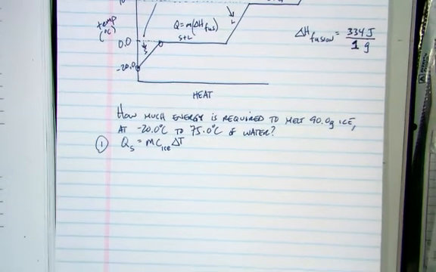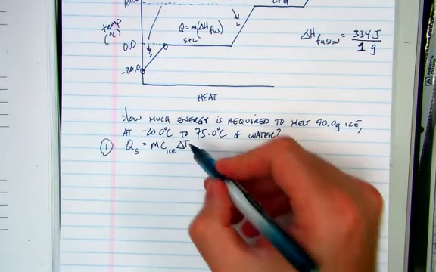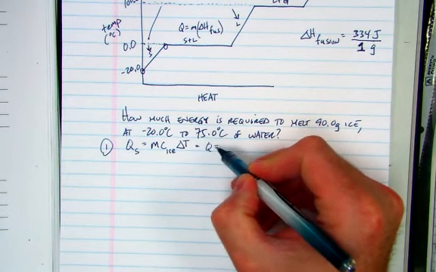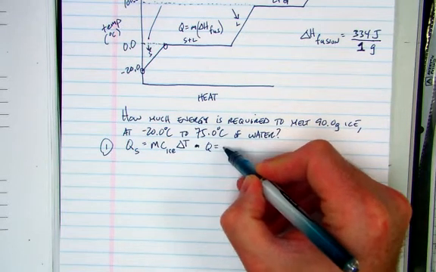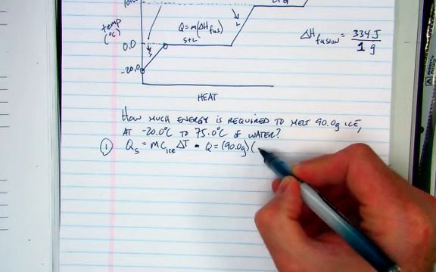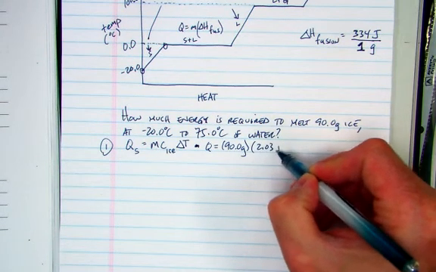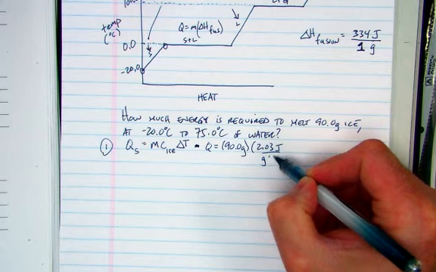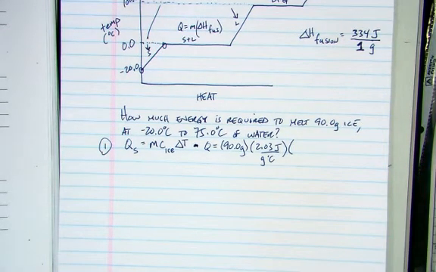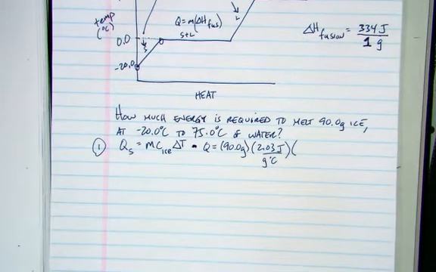Definitely. Okay. So the mass of the ice is, from our problem here, so we have Q equals the mass, which was 90 grams. The specific heat of ice is 2.03 joules per gram degree Celsius. And the change in temperature here, this tends to throw people off a little bit.